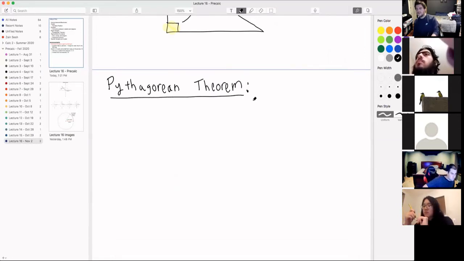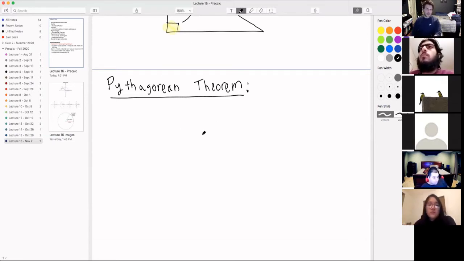I believe even a former US president supplied a unique proof of the Pythagorean theorem, which is so cool. I forget which president it was, but you can look that up easily. I think that's a fun fact.